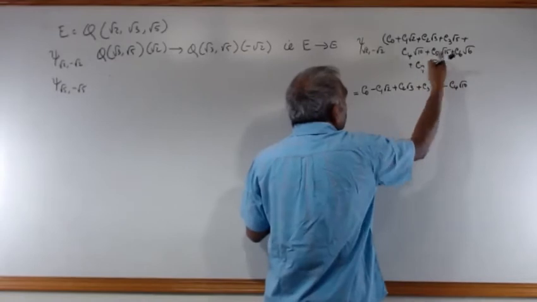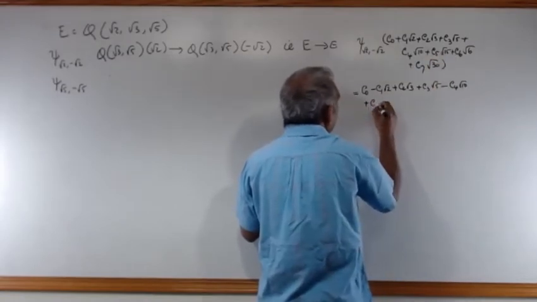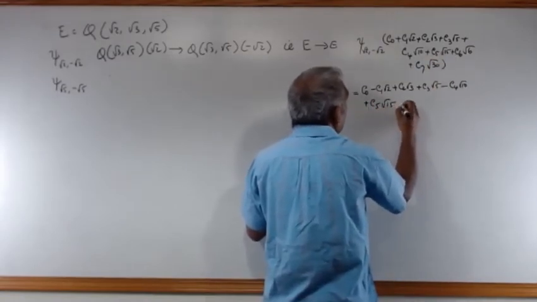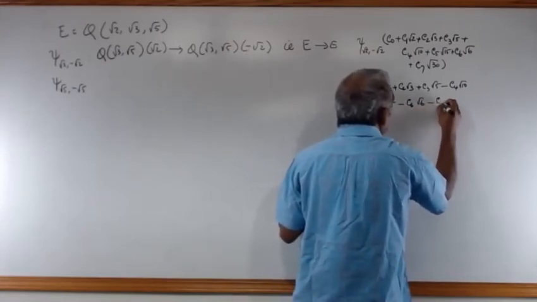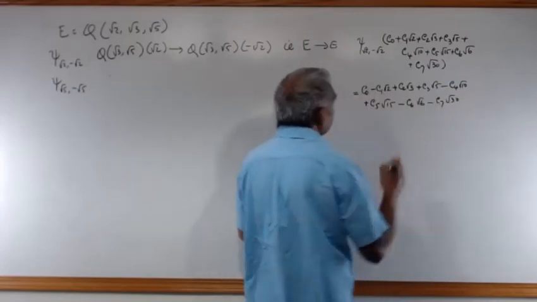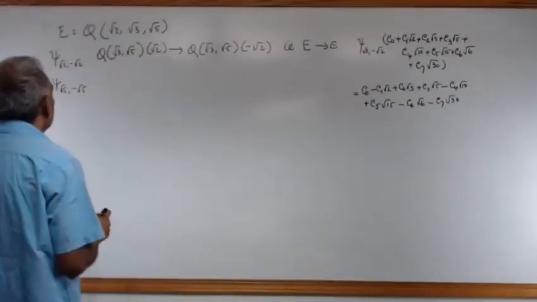Then there is no 2 here, so it remains the same. Root 15 minus c6 root 6 minus c7 root 30.